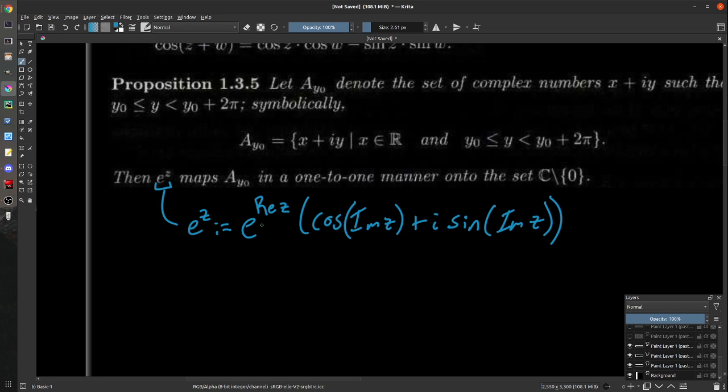Namely, recall that in the complex world, a function f of z is periodic if there exists some w such that f of z plus w is f of z for all z, and w is called a period. So this is periodic in the complex world.